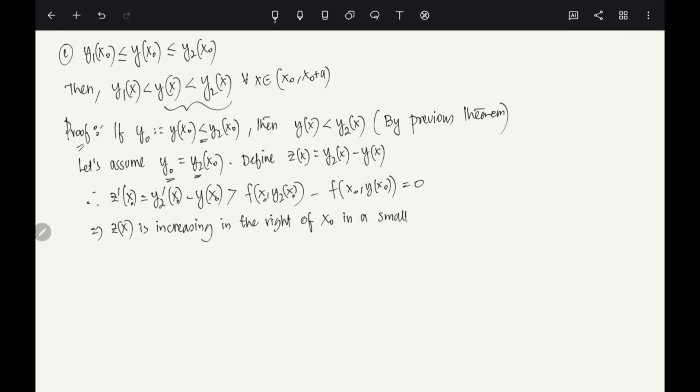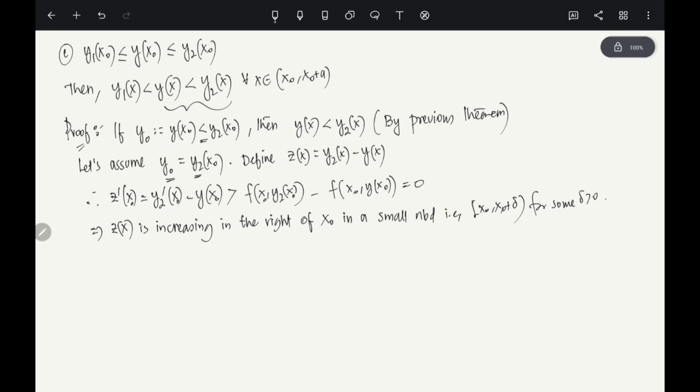So what is the neighborhood? Let's say at x naught plus some delta, for some delta positive, small enough. Essentially z prime of x naught is strictly positive. So what does that mean? It starts from x naught, so it has to increase at least for some time, for some delta.